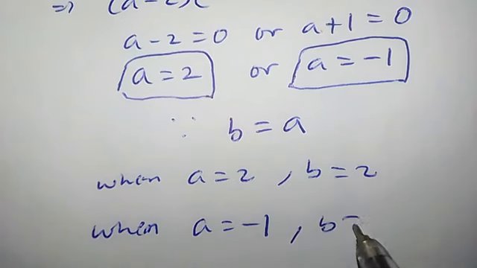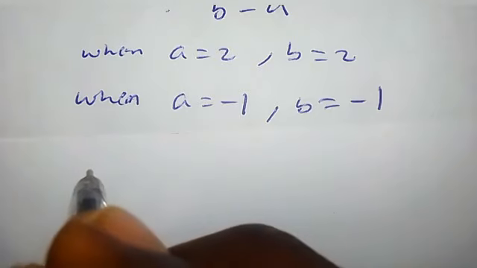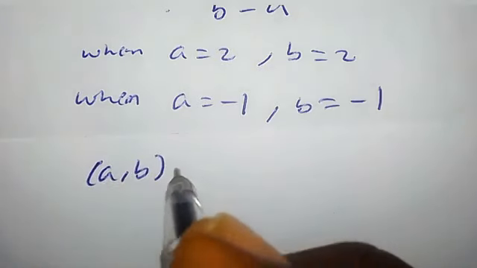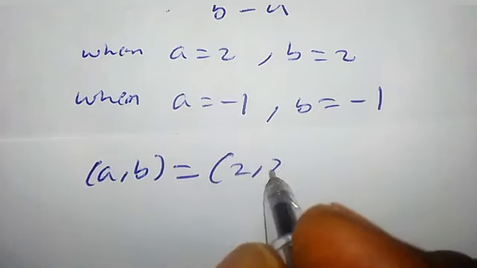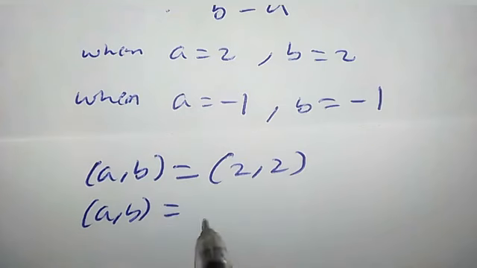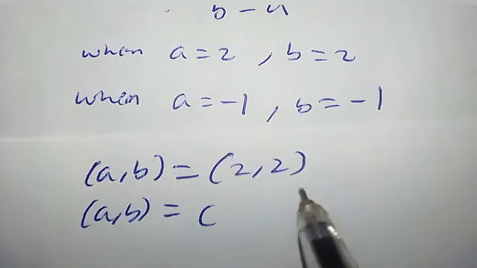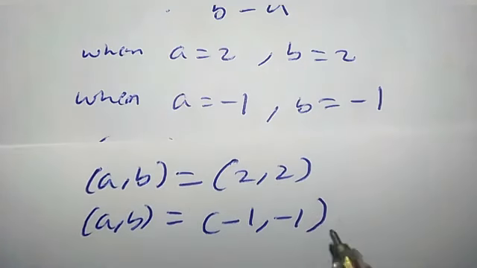The value of b is equal to −1. Thus, the first solution is (a, b) = (2, 2). The second solution is (a, b) = (−1, −1). These are the first two solutions.